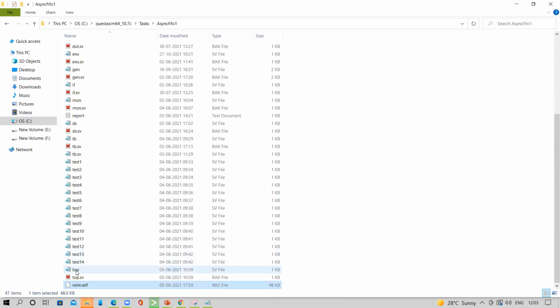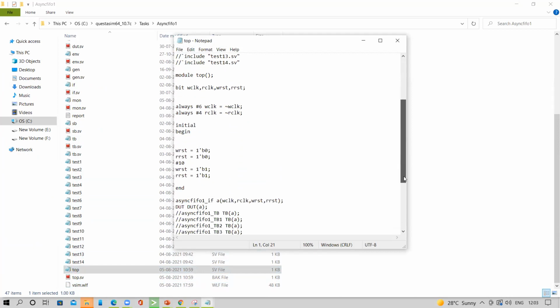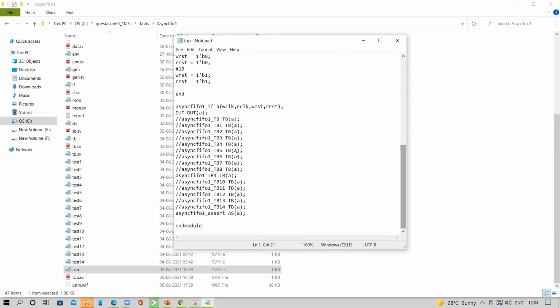In the top module, you will just include your assertion file. That's it. Here in the top module, you will be generating your clock, generating your reset, and after that writing your interface, next your DUT, then the test benches, these different test benches I have written, ignore them, and finally your assertion name.